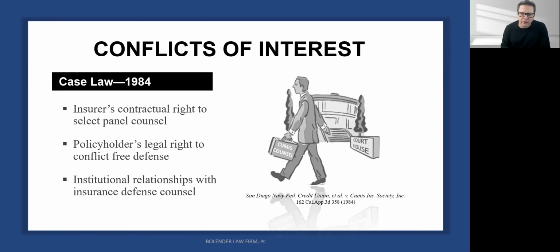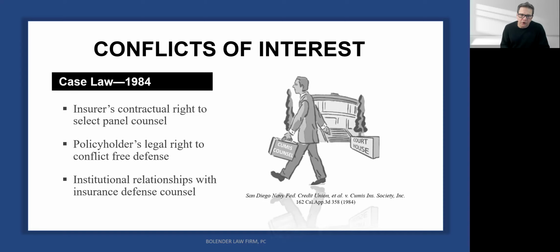Now, there is a lot of literature and commentary that the holding in the Cumis case was overly broad, and that's probably an understatement. And I understand that in the years immediately after the Cumis case, policyholders and their attorneys demanded Cumis counsel whenever an insurance company reserved its rights. And I understand anecdotally that it was a bit of a mess.